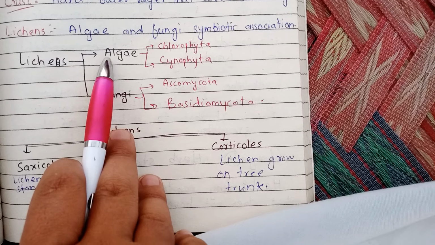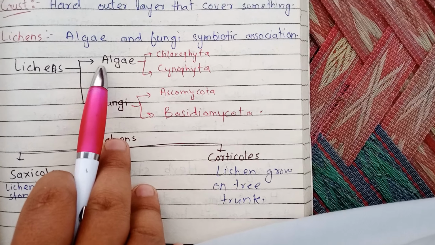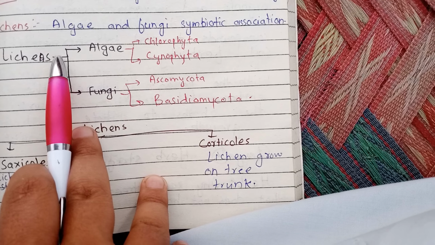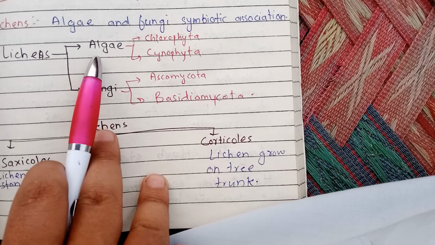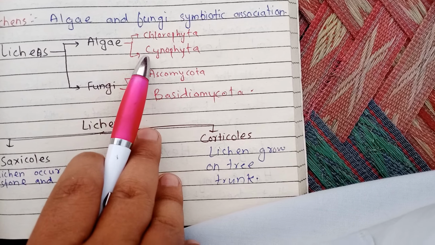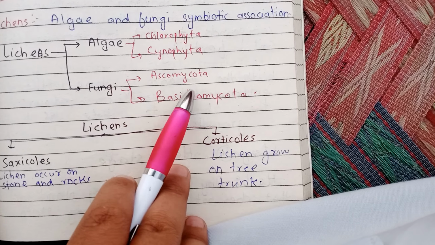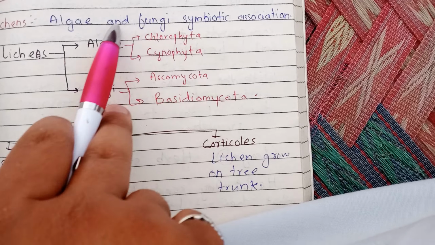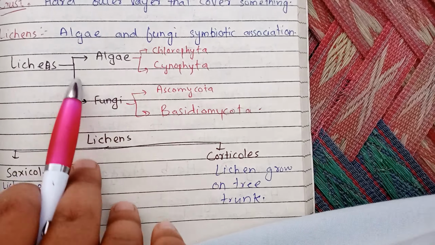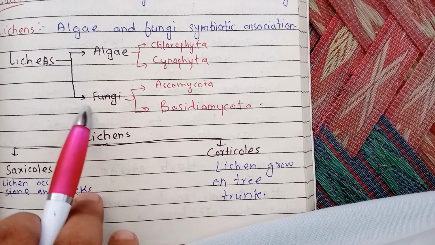Keep in mind that the algal partner belongs to the Chlorophyta and Cyanophyta, and the fungal partner belongs to Ascomycota and Basidiomycota. These are very important questions for your different competitive exams.